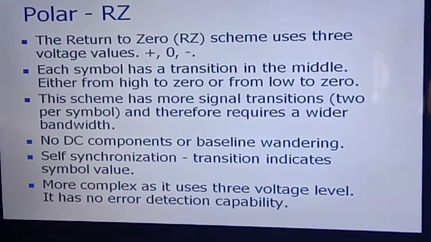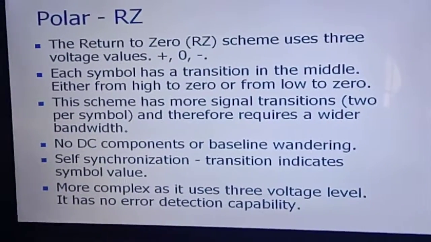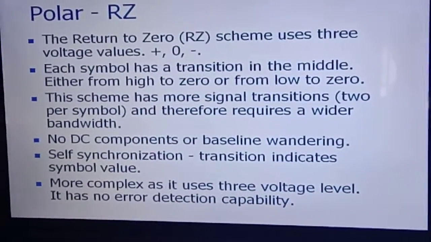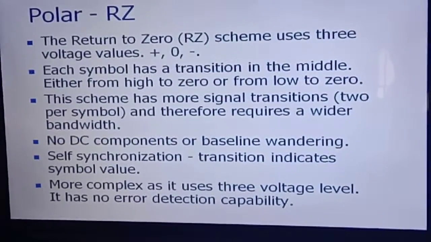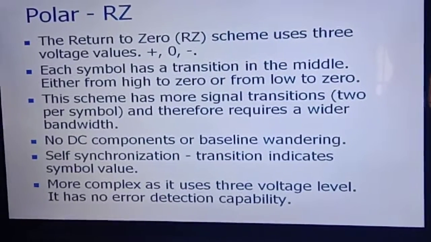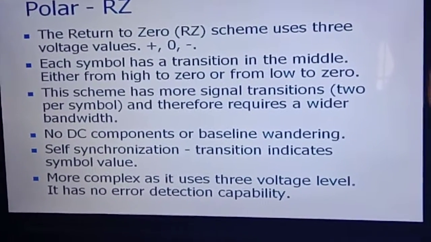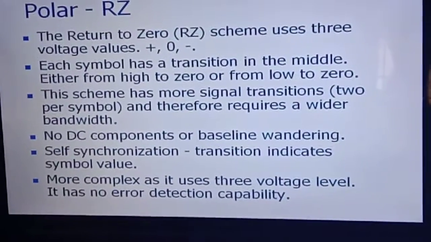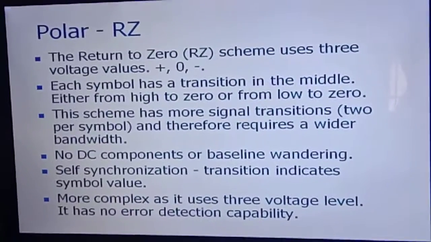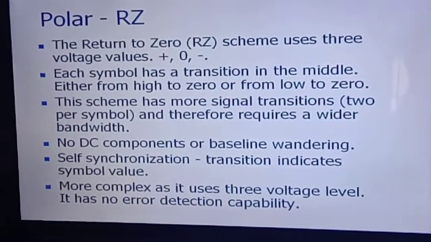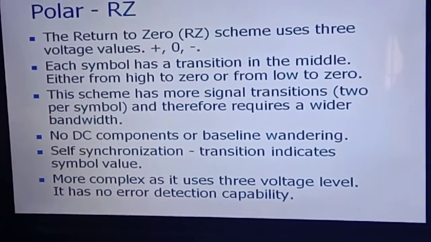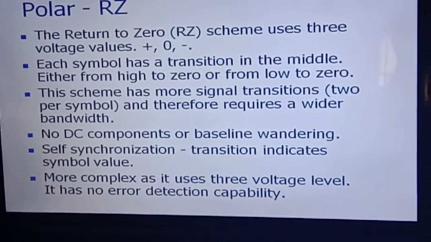Here we remove the DC component and baseline wandering, but we do not add error detection and correction. It is also more complex because it uses three voltage levels. So the disadvantages are not completely avoided, but to some extent they can be, by allowing synchronization and avoiding the DC component.